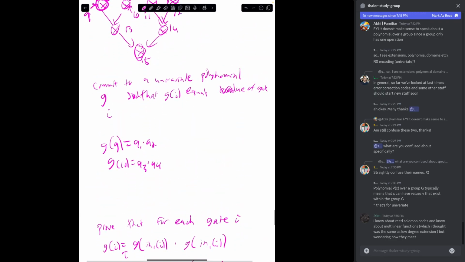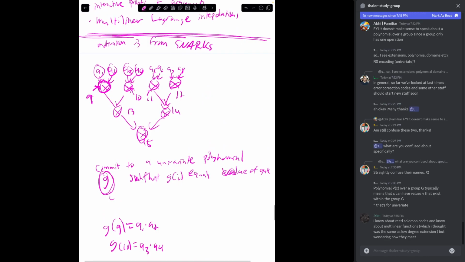And so this polynomial G is the univariate low degree extension of the vector that had A1, A2 up to A15, all 16 gate values in it. This polynomial G is its univariate low degree extension polynomial.